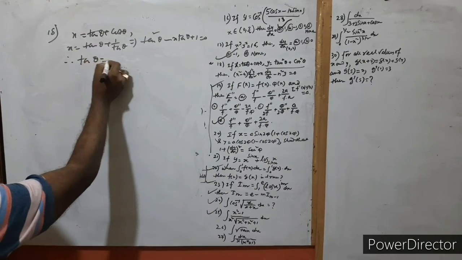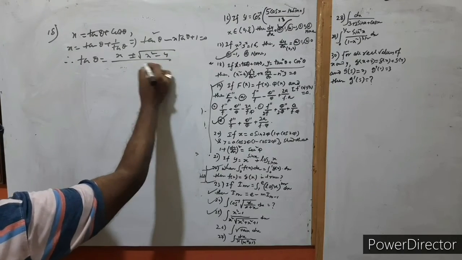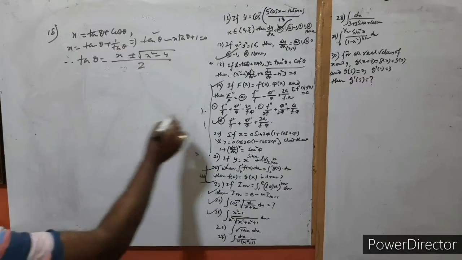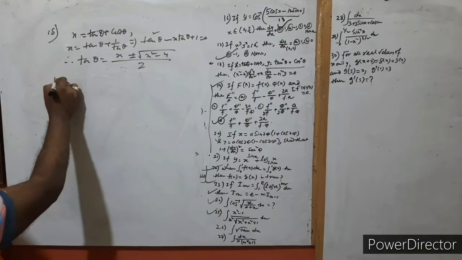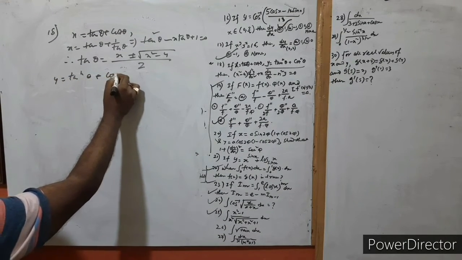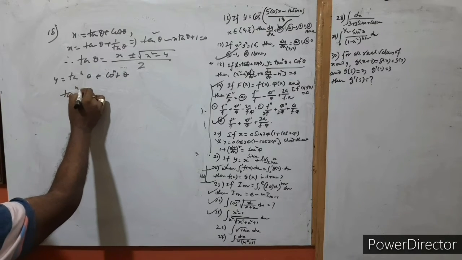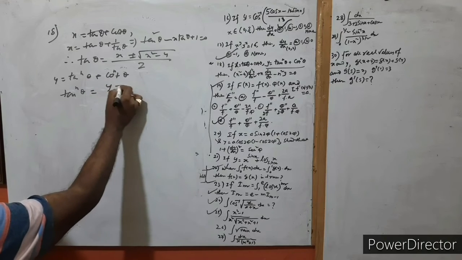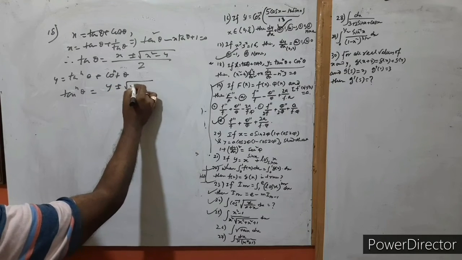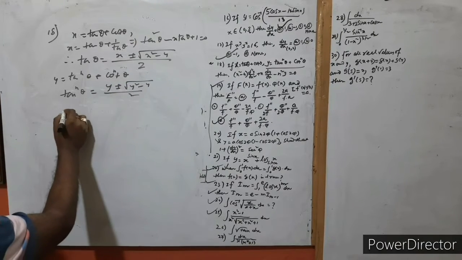Therefore tan theta is equal to (minus b plus or minus root over b square minus 4ac) by 2a. In the same way, from y is equal to tan to the power n theta plus cot to the power n theta, we can write tan to the power n theta is equal to (y plus or minus root over y square minus 4) by 2, and we take the positive sign.